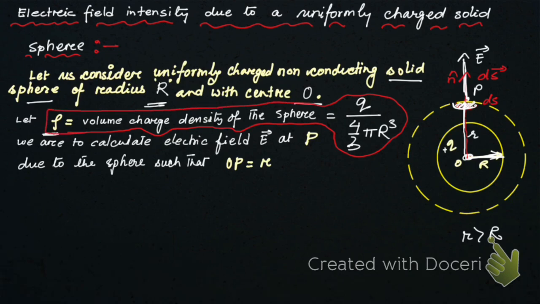So hope you have understood. Now you see, this point P is at a distance of r from the center, so OP is equal to r.